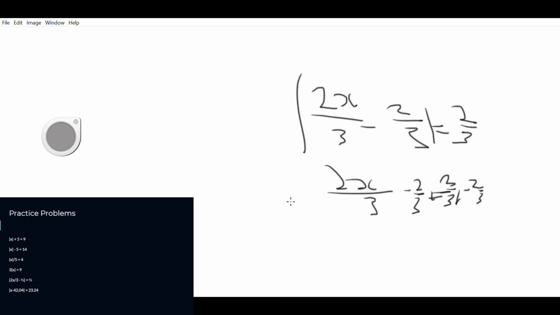So now that you have this, we could solve normally to get 2x by 3 is equal to 2 by 3 plus 2 by 3, which is 4 by 3, and 0. And you could get x is equal to 0, and 4 by 3 times 3 by 2, which is 2. And those would be our two values for x which work in this equation.